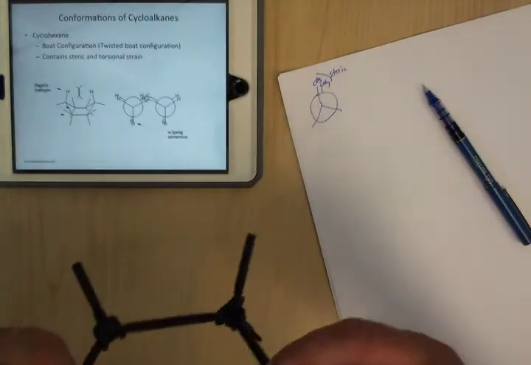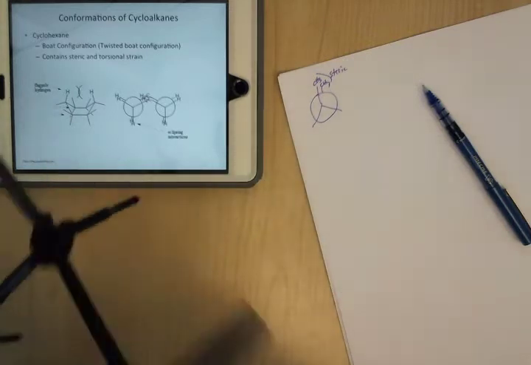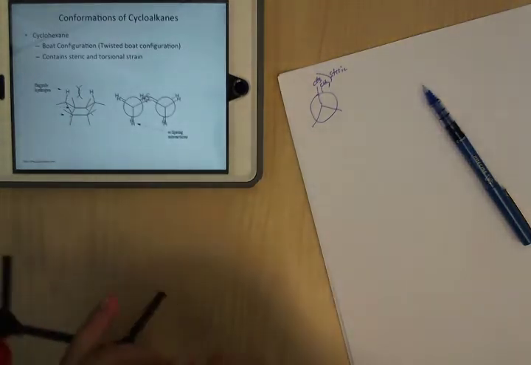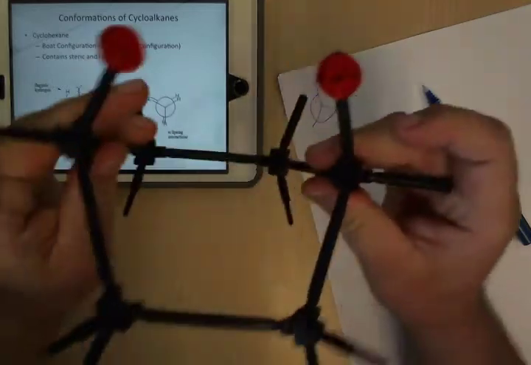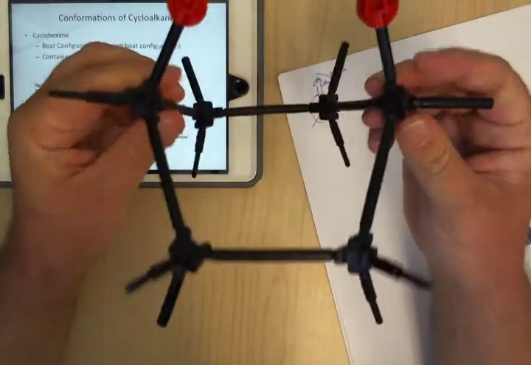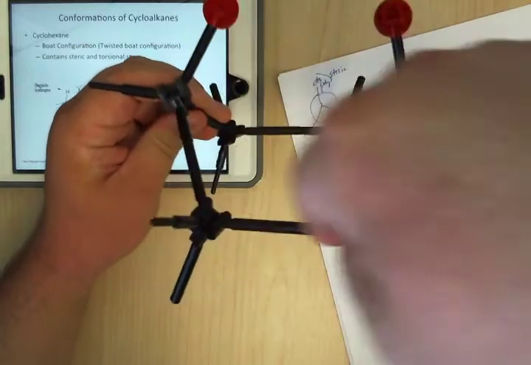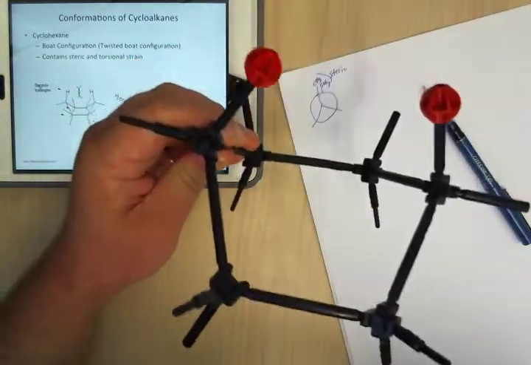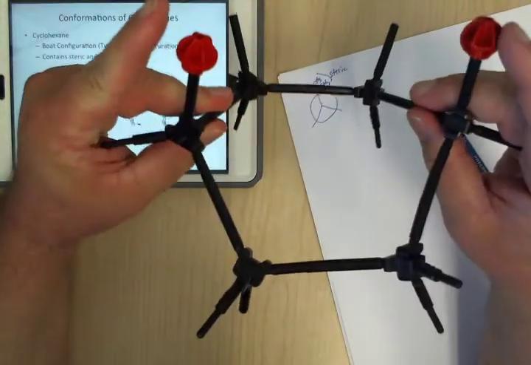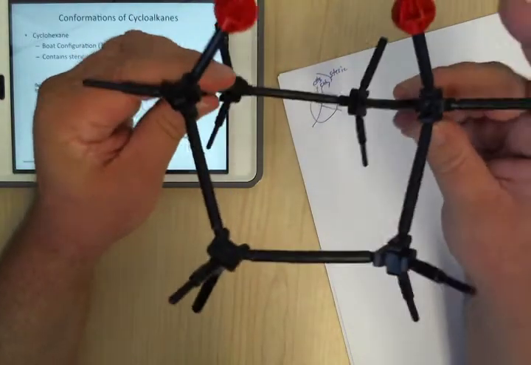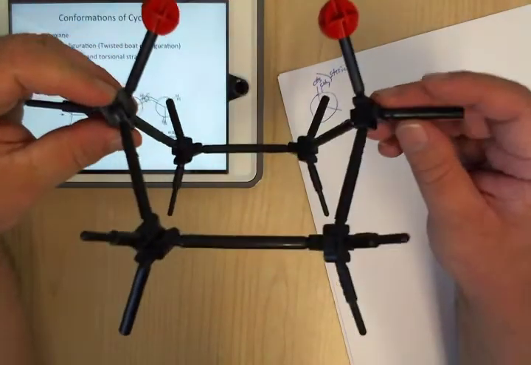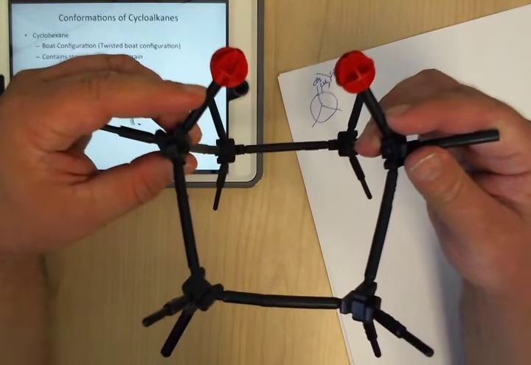There are actually two different conformations. You can have it like this, so again, it's out here, but the problem with this configuration, which is sometimes called the boat configuration because it kind of looks like a paper boat, is these things are what are called flagpole hydrogens. Assuming these are hydrogens, when you get in the boat, they're pointed right next to each other.